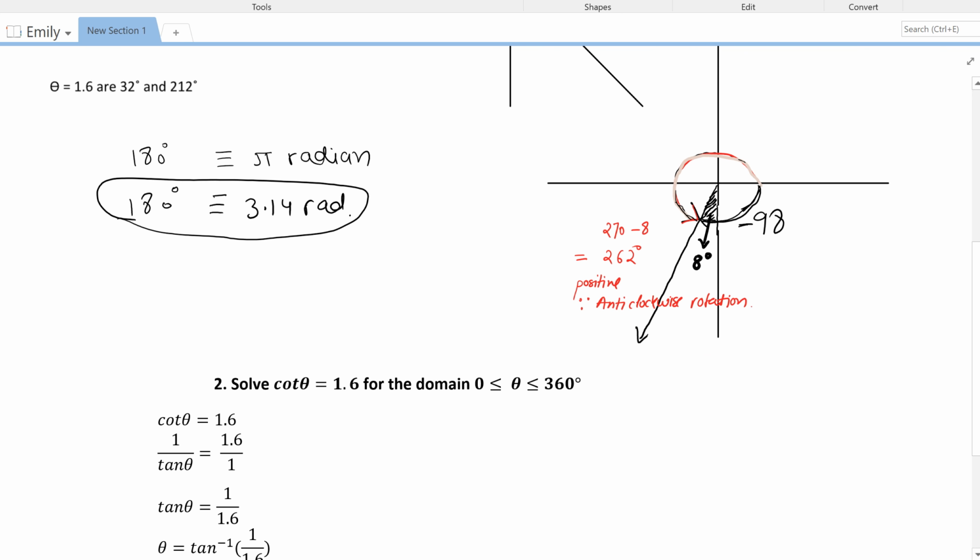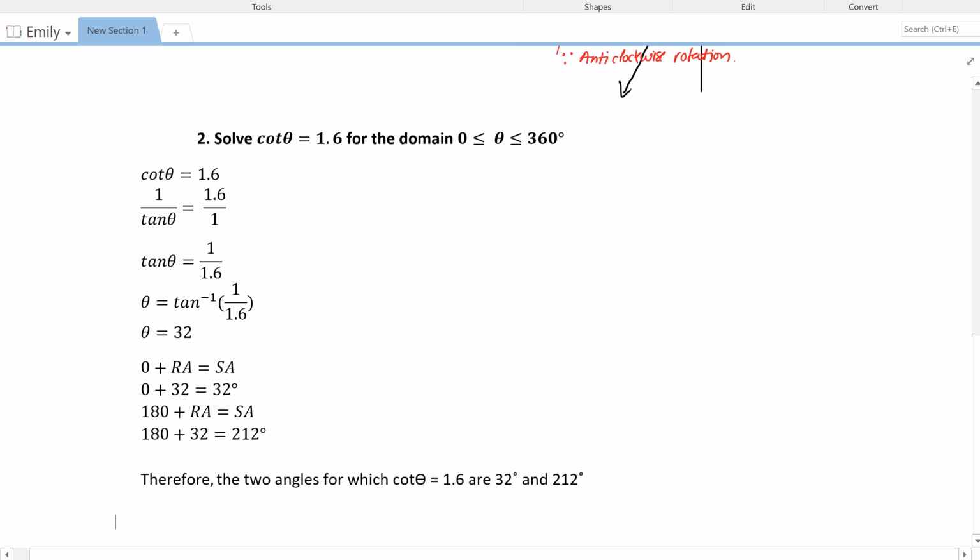All right, Emily. So we have number 2, solve cotangent, which is 1.6, for that domain. Now, that is one complete cycle, right? And they gave you cotangent 1.6, which you're writing there. Then you do 1 over tangent. Tangent inverse of that is 32 degrees, right?